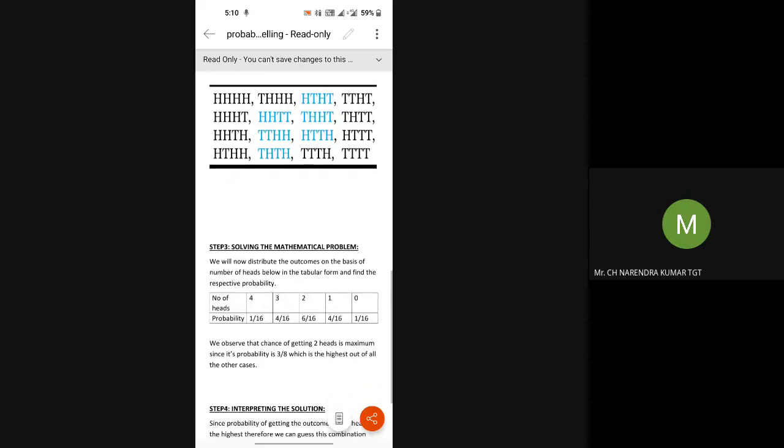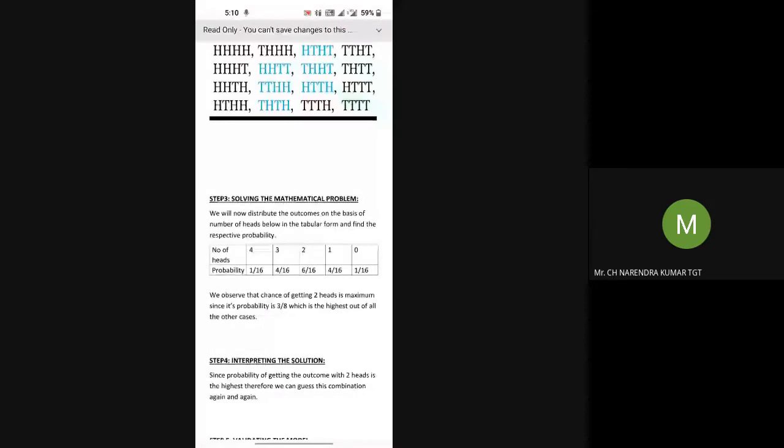If we see the outcomes, I'm counting the number of heads in this case. Either we can have maximum 4 heads, like in the first case, or we can have 3 heads and 1 tail, or we can have a combination where we have 2 heads and 2 tails, if you look at the third row.